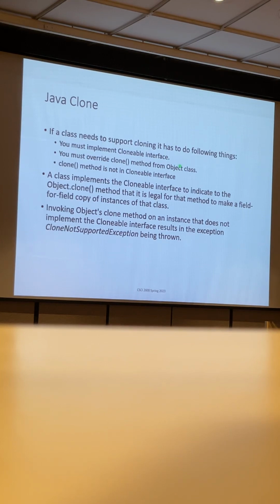They force you to do this so that you do this consciously, not just, oh, I inherited clone, let's use it. Override clone, and if you strongly believe that the implementation works for your class, then call super.clone and be happy. Because more often than not, it's not what you need, because it's just a shallow copy.